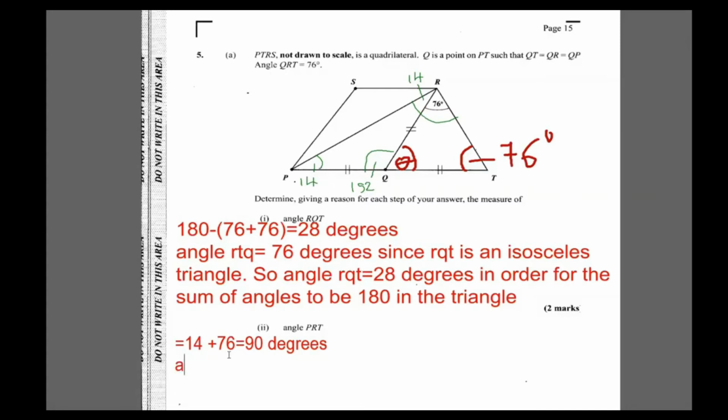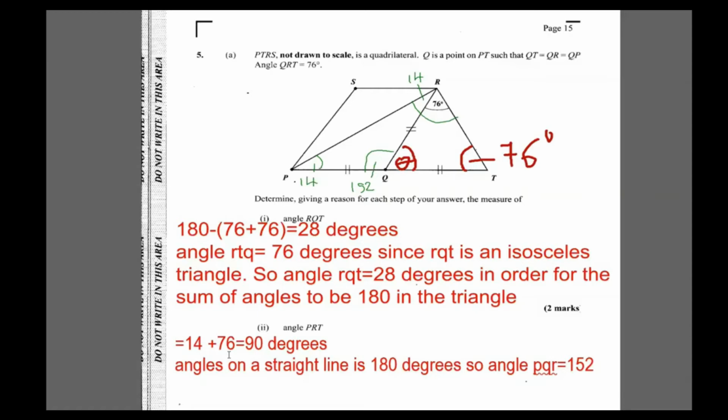angles on a straight line is 180 degrees, and so angle PQR is clearly equal to 152, because angles on a straight line is 180.